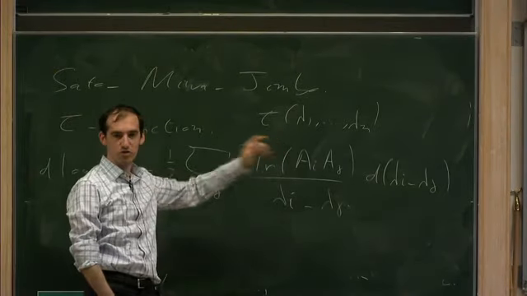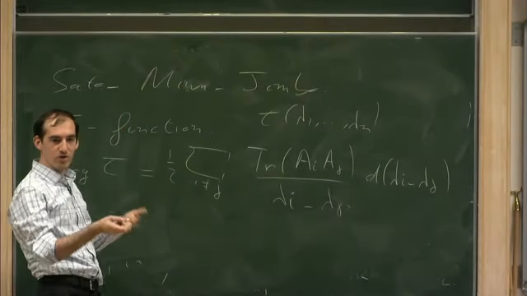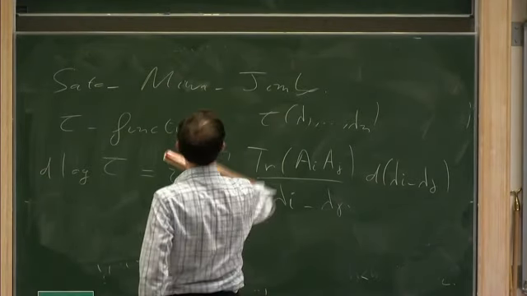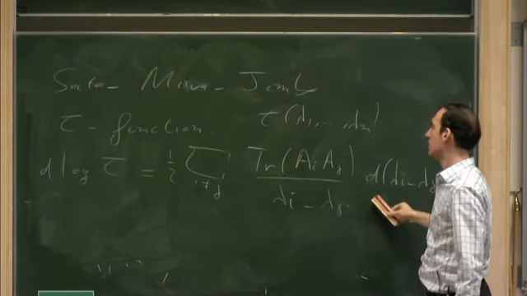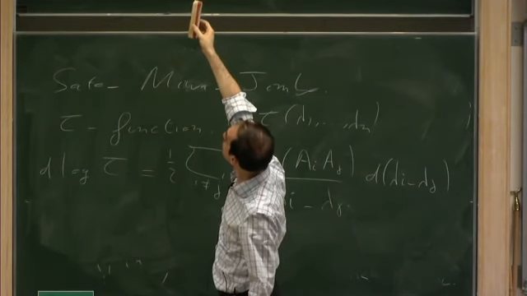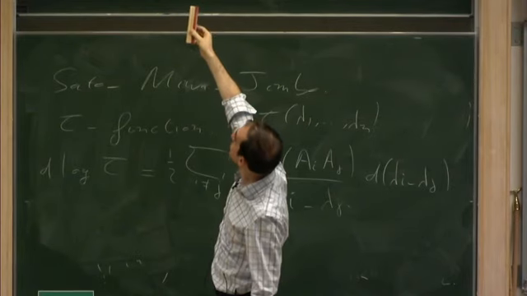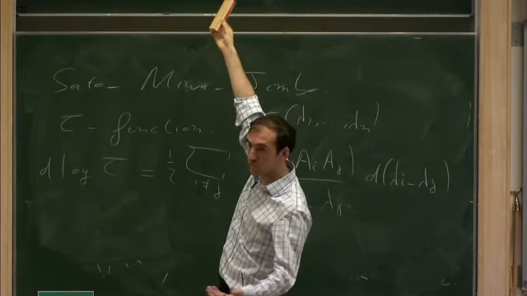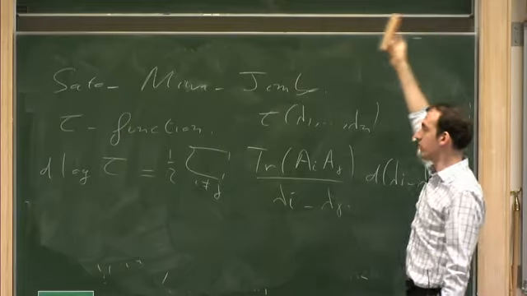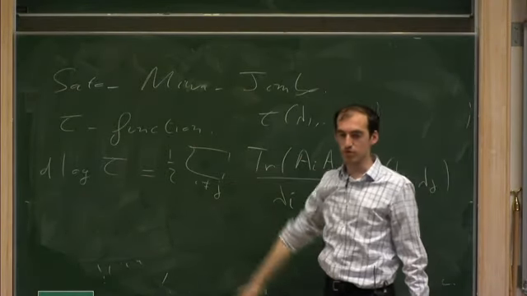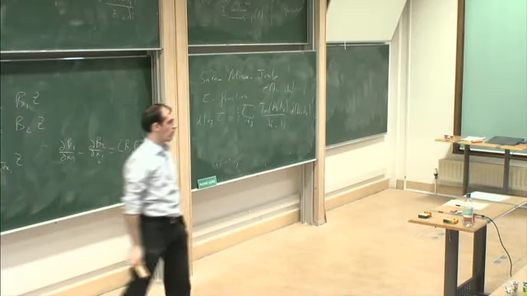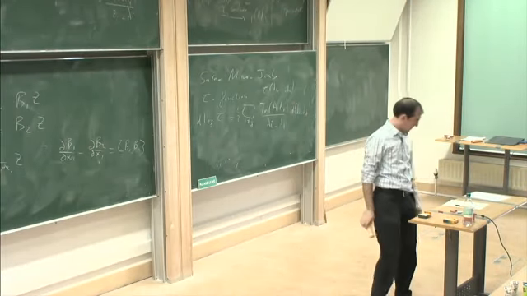If you just try to come up with nice functions having prescribed partial derivatives, it's not so clear. That was the motivation to come up with this function. So this is a function defined on the moduli space of punctured spheres equipped with a monodromy representation, and that gives you a number, essentially.